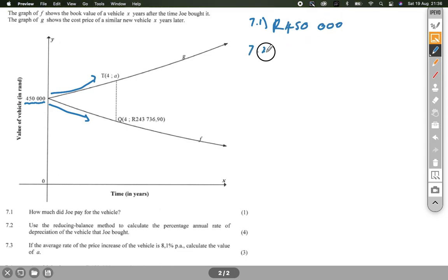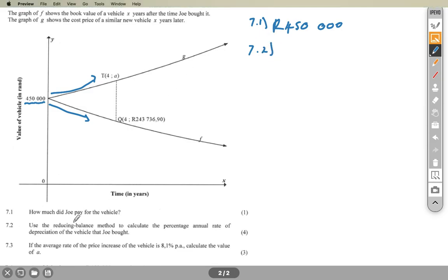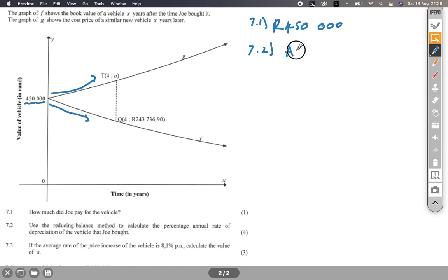Okay, 7.2. Use the reducing balance method. So reducing balance, you should already be thinking about this formula to calculate the percentage annual rate of depreciation of the vehicle that Joe bought.